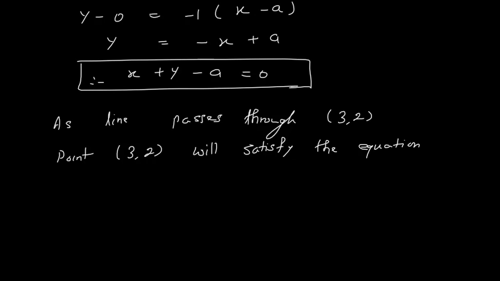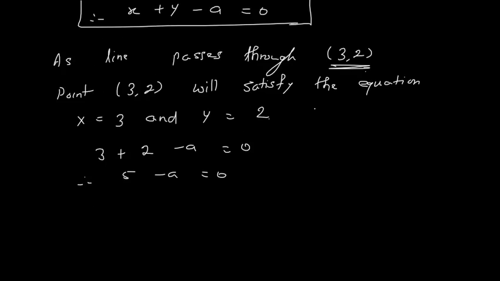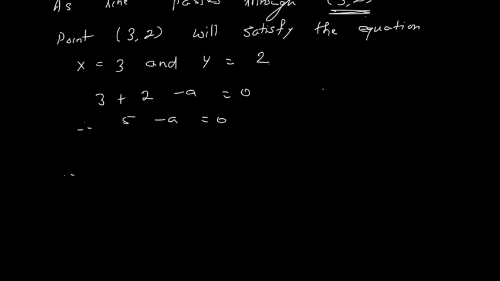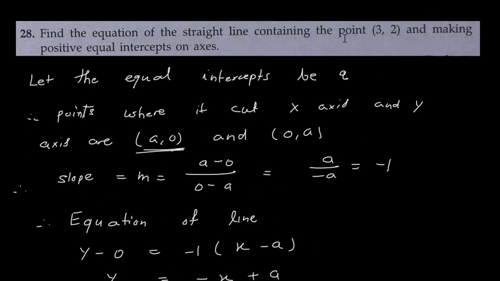As the line is passing through this 3 comma 2, that means this point is on the line, and so we can put x is equals to 3 and y is equals to 2. So by putting, we will get 3 plus 2 minus a is equals to 0. So therefore this is 5 minus a is equals to 0. So this will give me the value of a. So therefore I get a is equals to 5. So I get value of a as 5. Okay, this is 28th question.